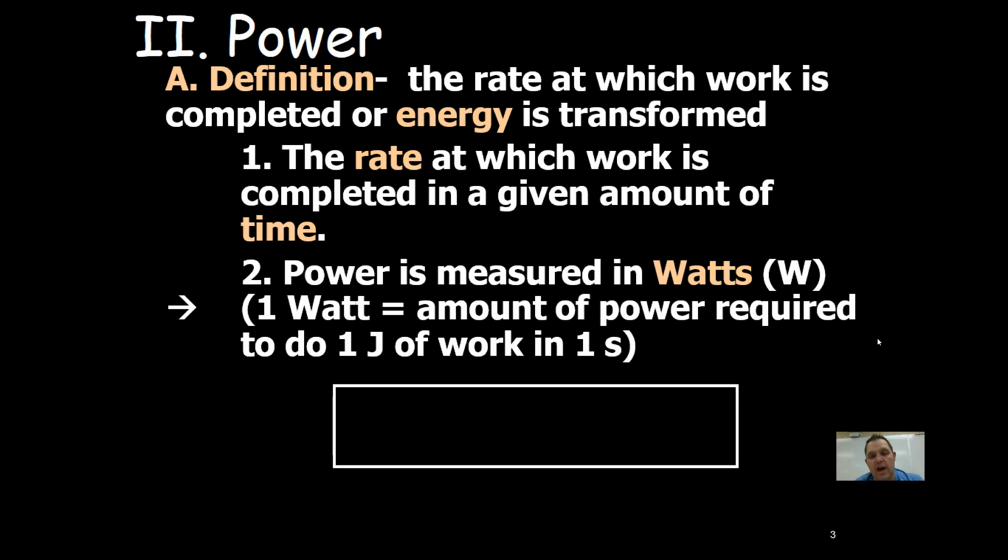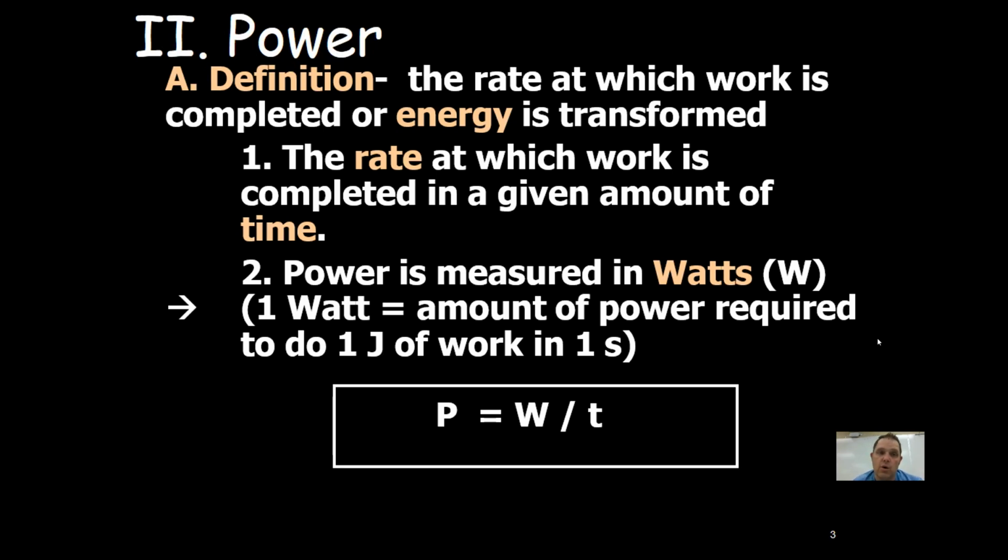When you hear that, you might think, okay, I'm working with joules and seconds, so time has to be in there. And what else has to be in there because we're working with joules? Something from before. Yep, we need work. So power is work divided by time, or power is work over time.